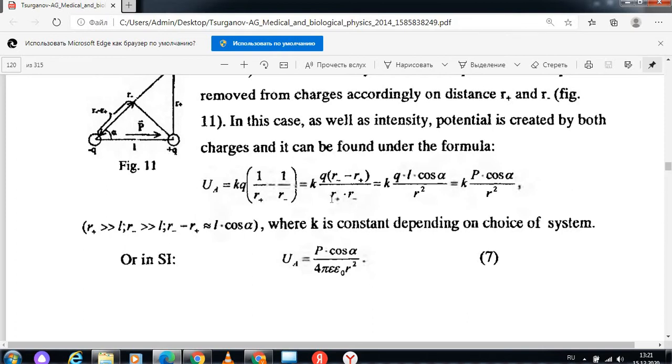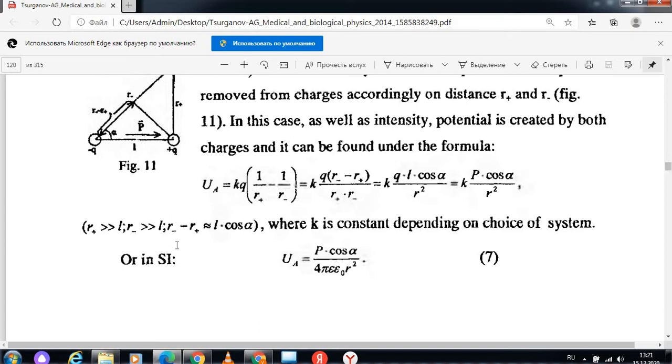Don't forget that your k, the constant, depends on the choice of the system. And we put inside this model the assumption that r plus is much bigger than L and r minus is much bigger than L, which means that the distance from the point of the field is much farther than the arm of the dipole.